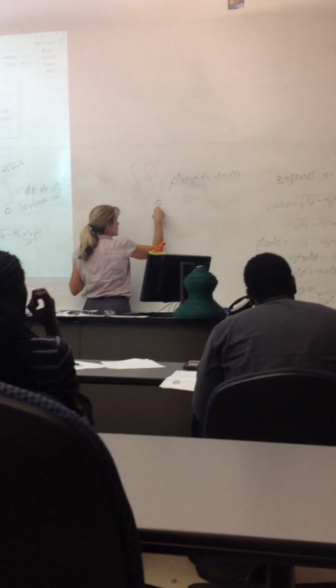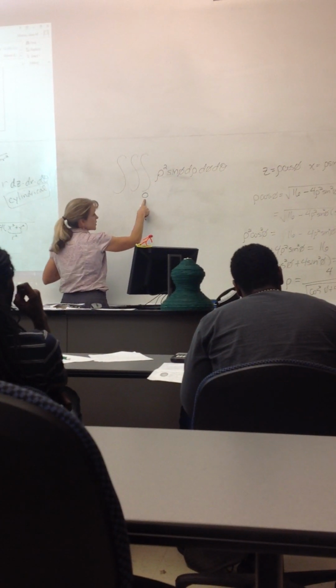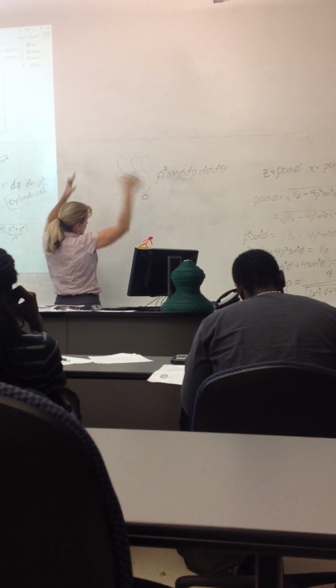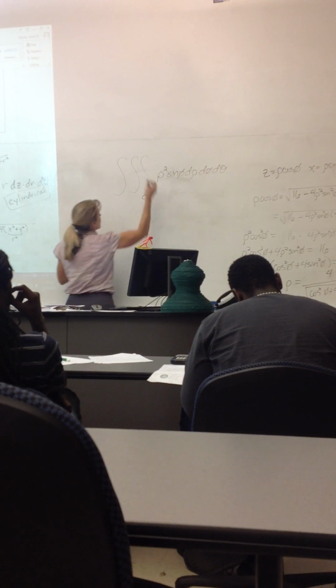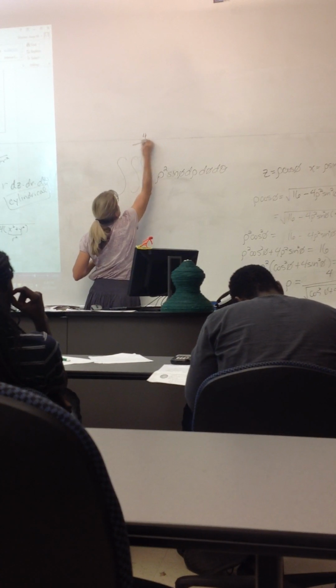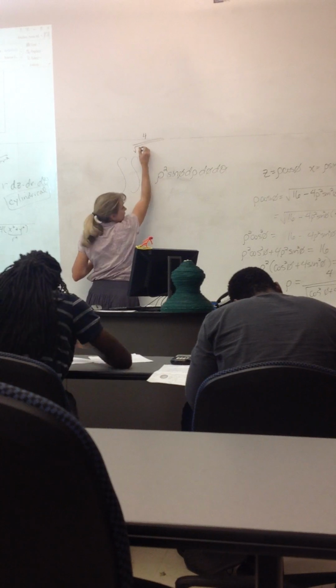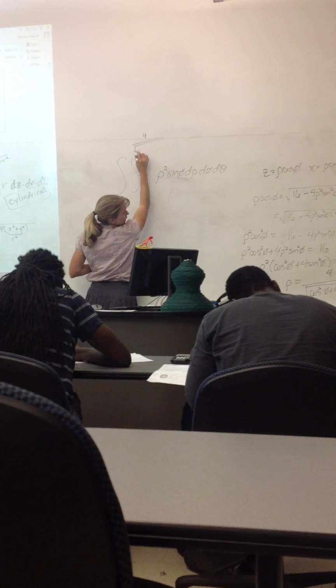So rho goes from the origin, so 0 is the length of rho at the origin, out to the ellipsoid surface, and the ellipsoid surface is defined by what I have there.